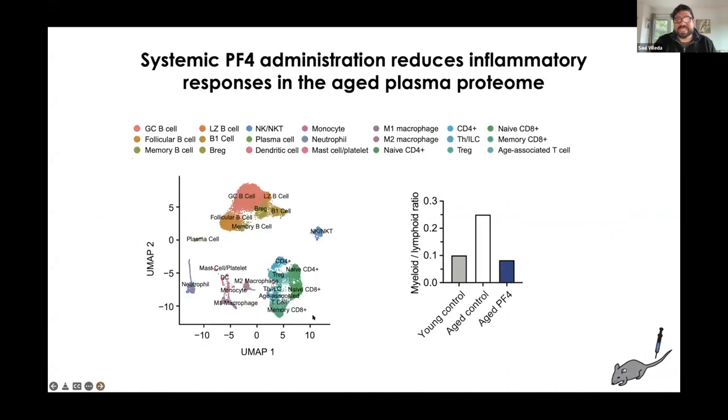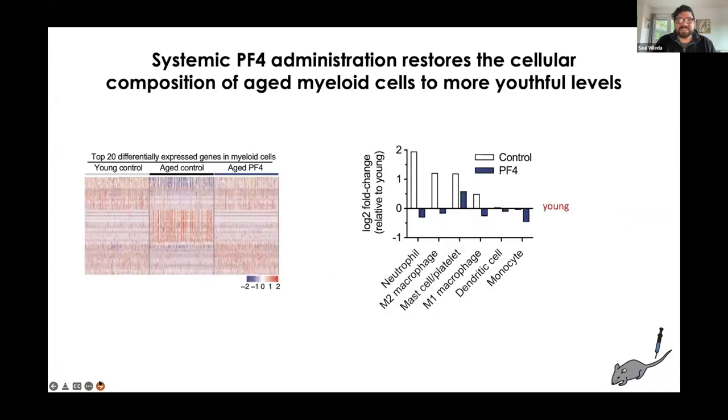And what was really interesting is, we still saw that sort of myeloid to lymphoid ratio that's very typical of aging. It's very well characterized. But platelet factor 4 actually brought it back down to more youthful levels. When we actually then focused on just the myeloid cells, for example, we found that there was this aging transcriptional profile that we see, but it was actually in part reversed in these sort of aged myeloid cells in response to PF4.